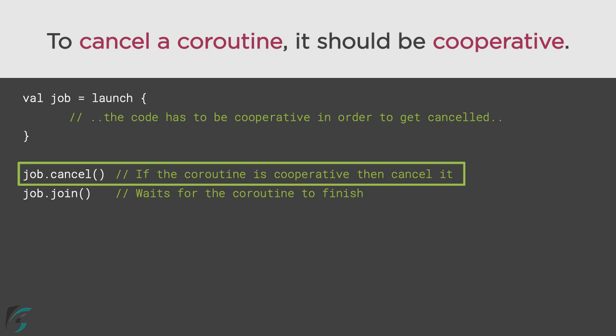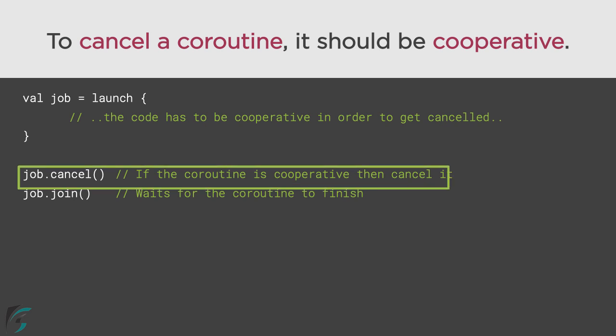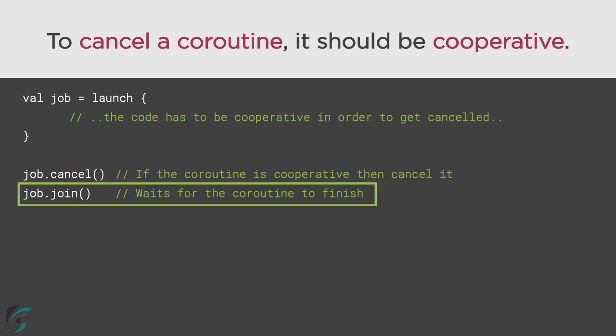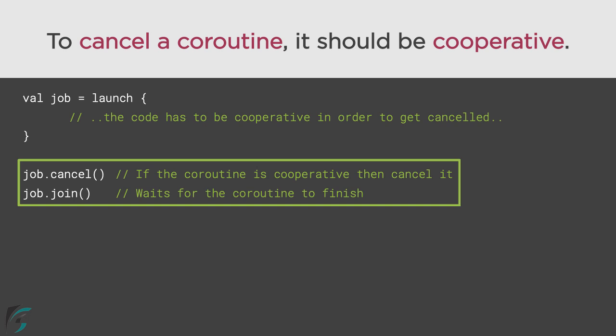But if your coroutine is not cooperative, then it will not get cancelled and it will continue to operate in the usual manner. And when your coroutine fails to cancel, then this join function will wait for the coroutine to finish. In short, this join function will be effective only when this cancel function fails to cancel the coroutine.